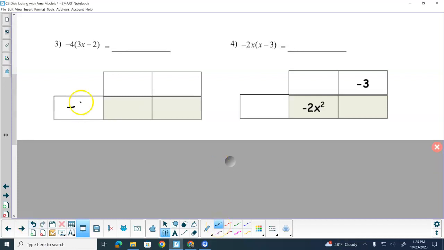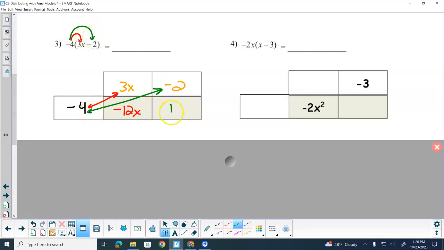So -4 in that one, 3x and -2 in that one. So multiply these two together to get this one. That's going to give me -12x. Multiply these two together to get that one.